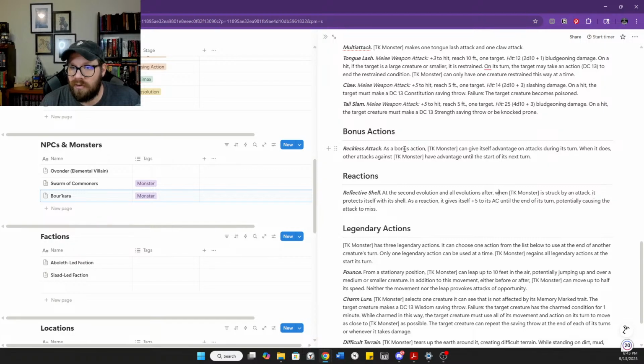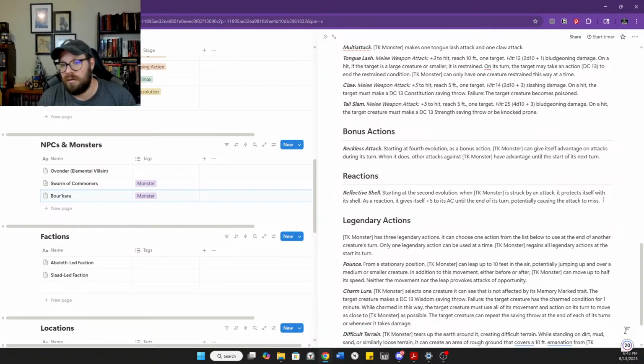And then we can say, starting at the fourth evolution. Actually, that's probably a neater way to phrase that. So we'll say starting at the second evolution. Cool. That's a cleaner way to word that.